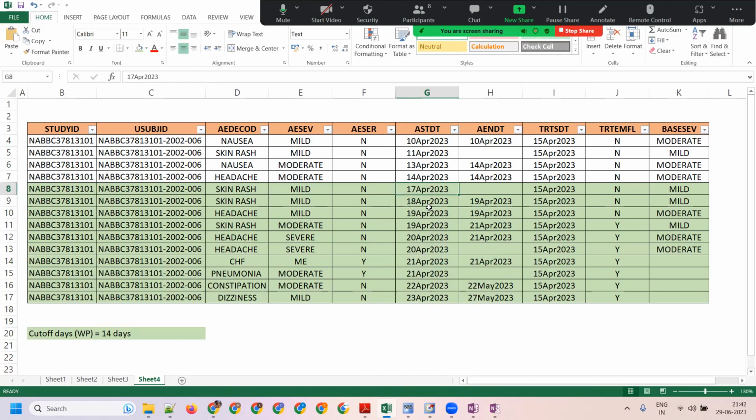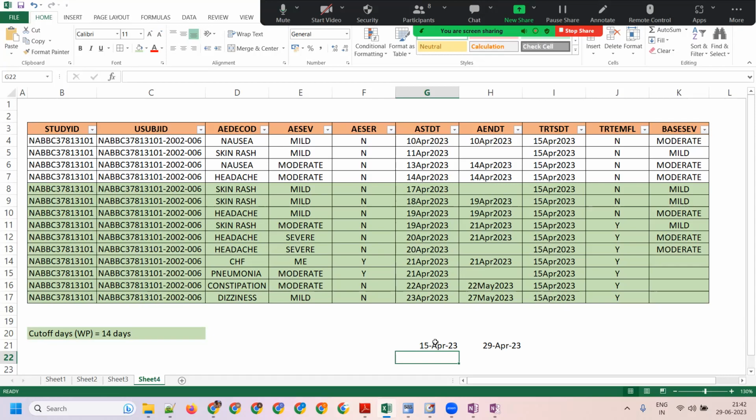A washout period is there for each one, from the drug taken date plus 14 days. My drug taken date is going to be 15th April 2023. From there, 14 days is going to be the washout period. That is 29th April.